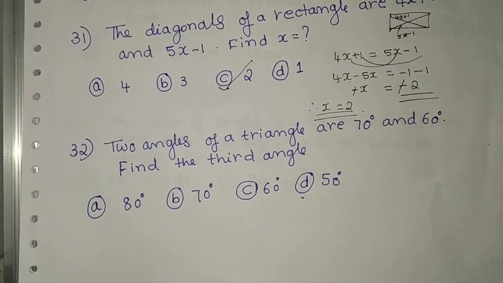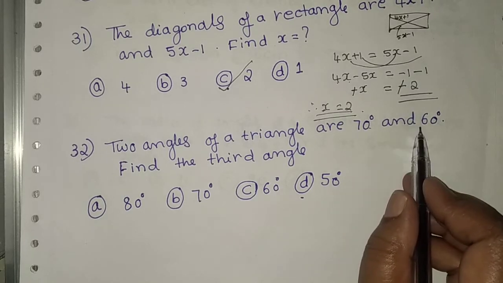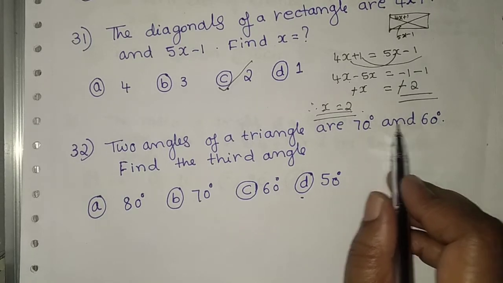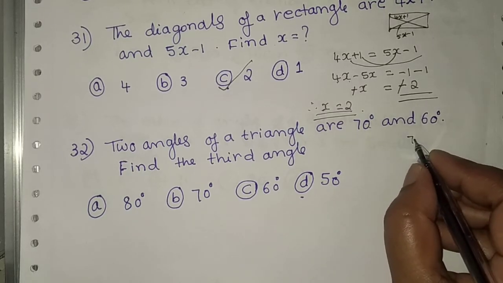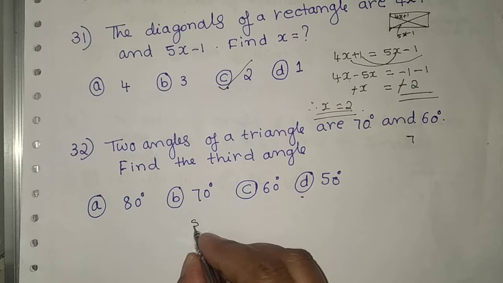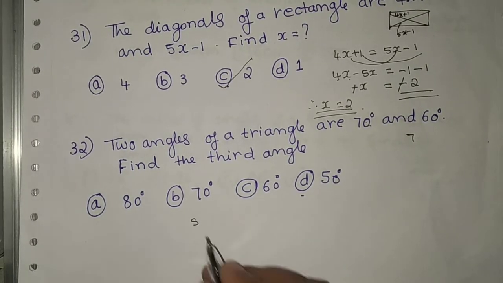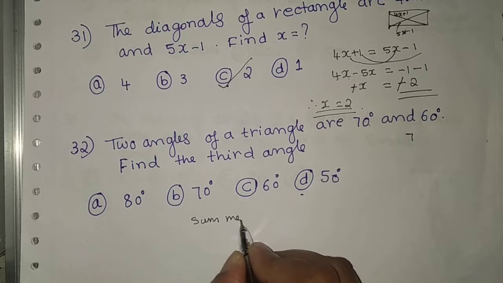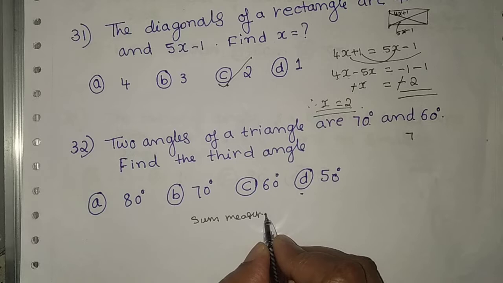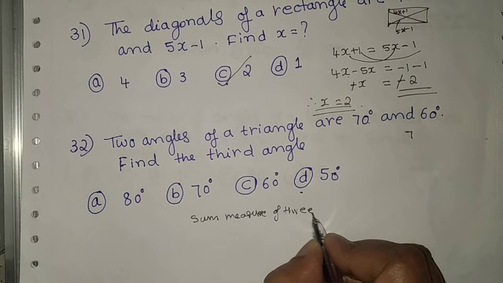Two angles of a triangle are 70 and 60. Find the third angle. So what is the third angle here? As we know, the sum of the measures of the 3 angles is 180 degrees.